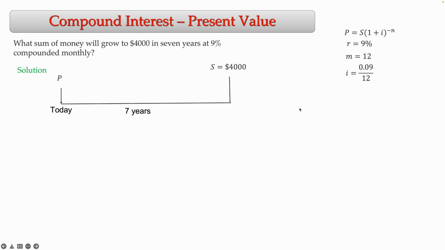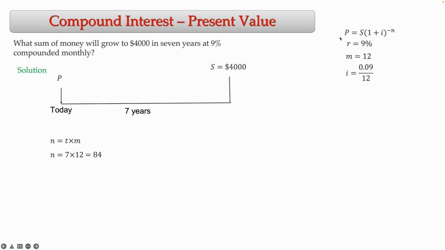We don't have it so far, but we know that n is the total number of compounded periods. So it will be just multiplying the time in years times the number of compound periods in a year. So n equals t times m. Because t is 7 years, n will be 7 times 12, so n equals 84.